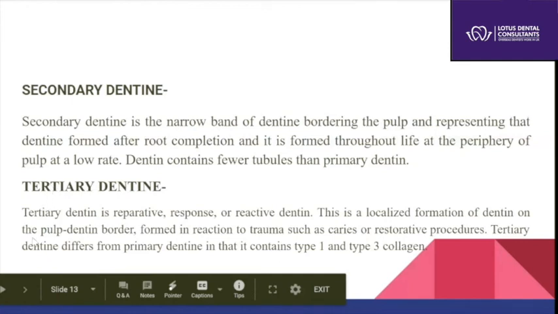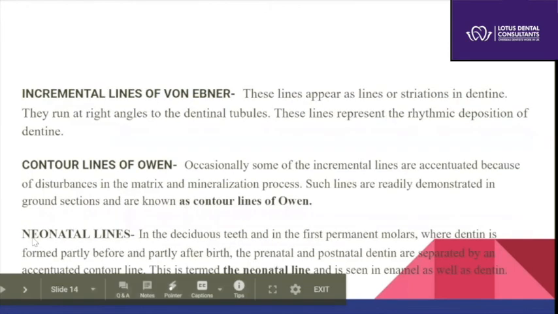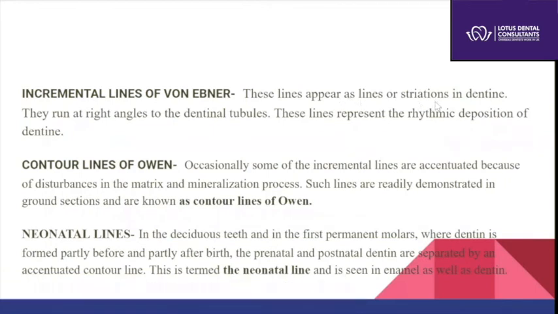Now, these are various lines of dentine. Incremental lines of von Ebner. These are striations in dentine. They run at right angles to the dentinal tubules. These represent the rhythmic deposition of the dentine. So these are only present in the secondary dentine, Aisha, because secondary dentine is the only dentine which is laid out throughout life. They will not be found in the primary dentine.